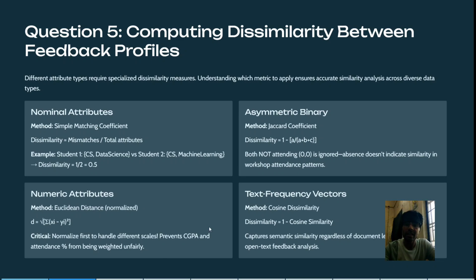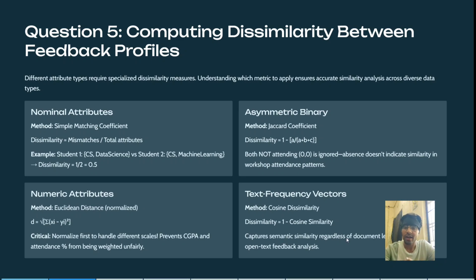Finally, part D, term frequency vectors from keywords in open text feedback. For text data, we use cosine dissimilarity, which equals 1 minus cosine similarity. First, we convert text to a frequency vector.